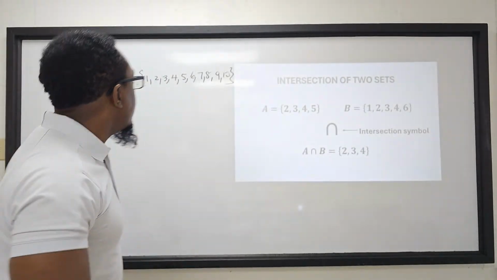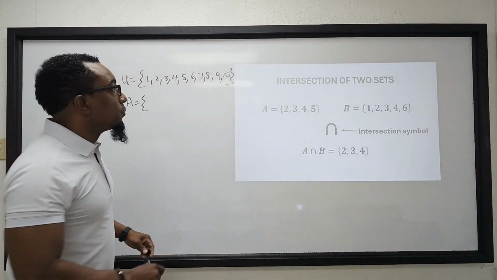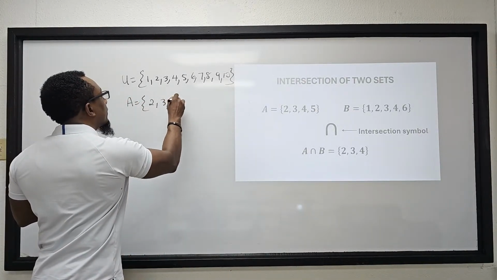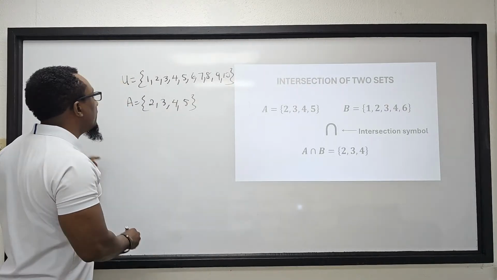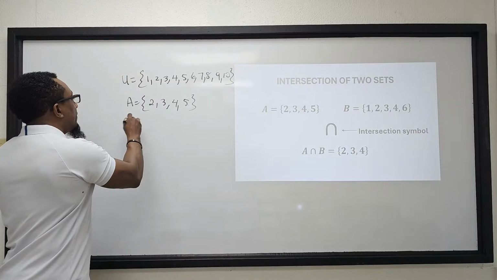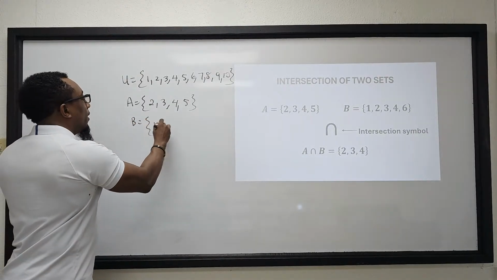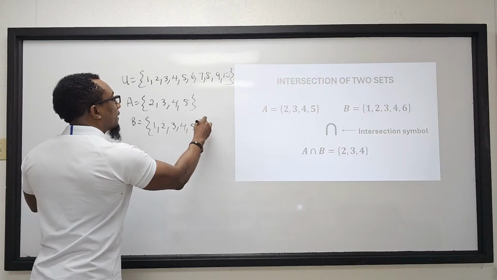So set A, we have elements 2, 3, 4, 5. Set B, we have elements 1, 2, 3, 4, 5, 6.